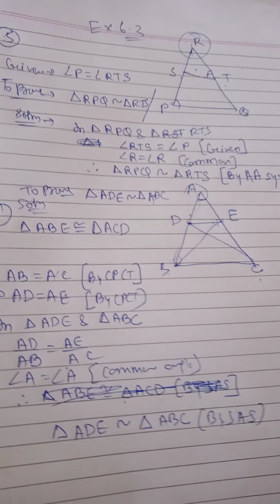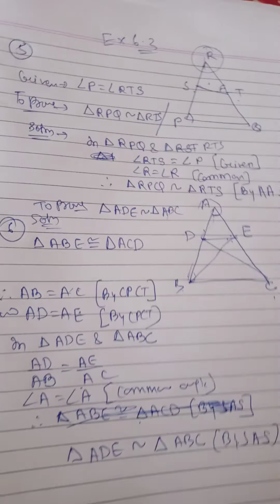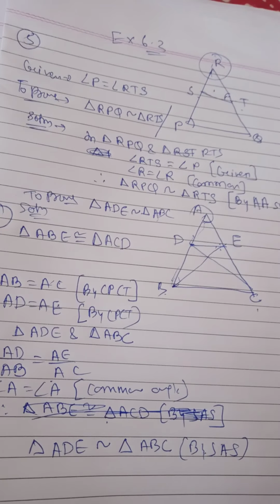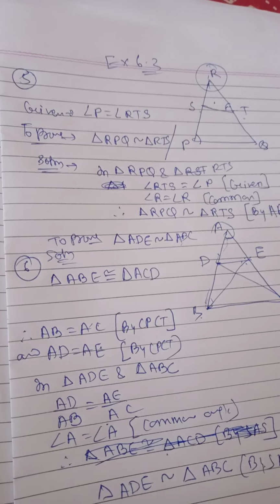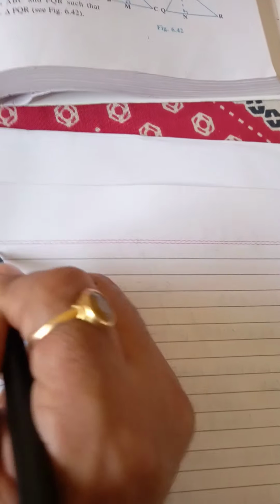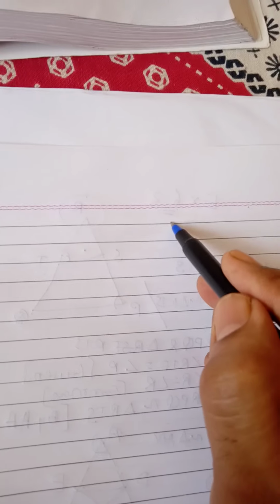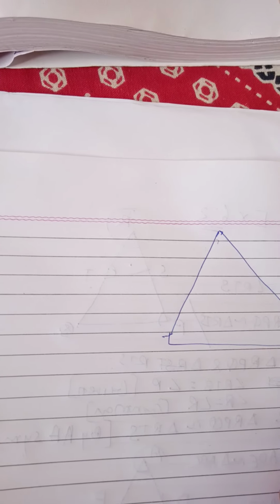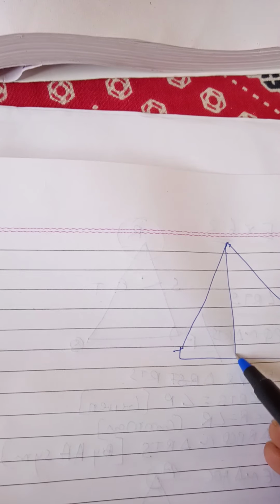Now we'll move for question number 7. Okay, one of the largest question in the textbook. I will do some parts and some parts I will ask you to do. Now you can see for question number 7, a triangle is made in such a way that one altitude is here.